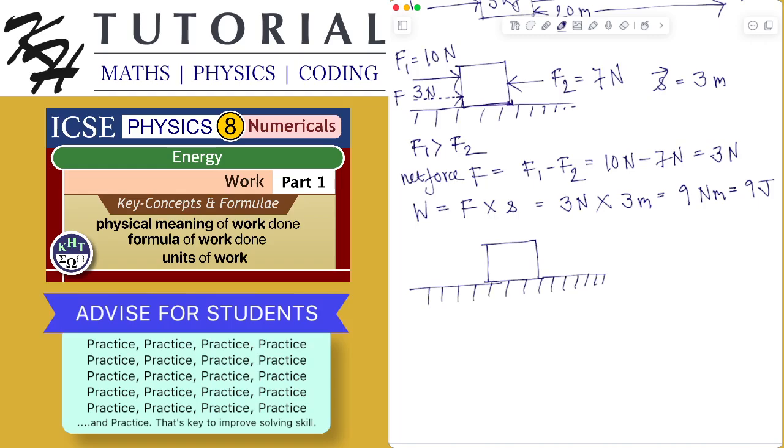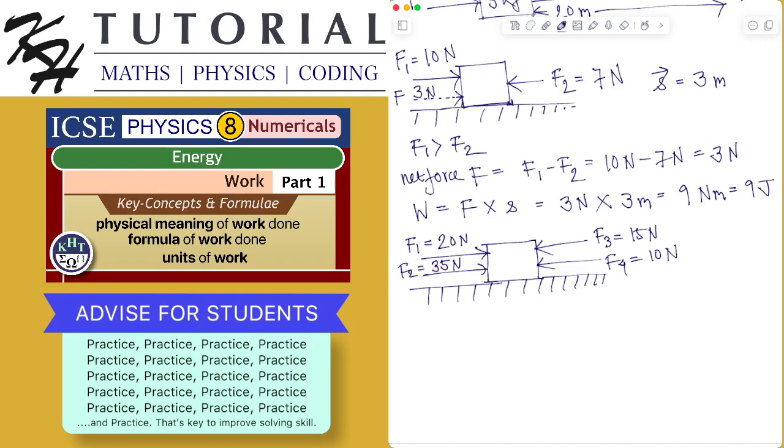Let's say we have two forces here, F1 is equal to 20 Newton, and another force F2 is 35 Newton, and in the other direction we have two other forces, F3 is 15 Newton, and F4 is, let's say, 10 Newton.